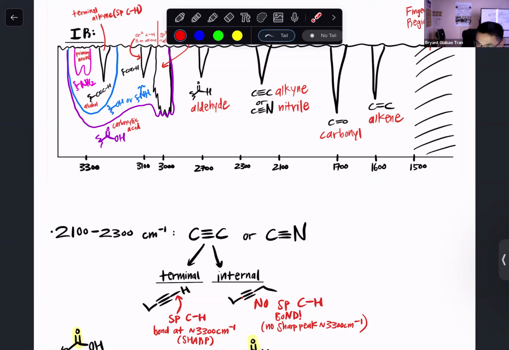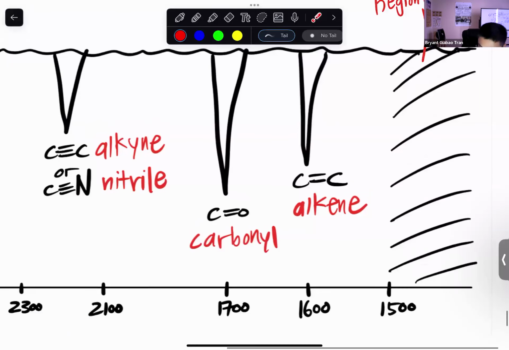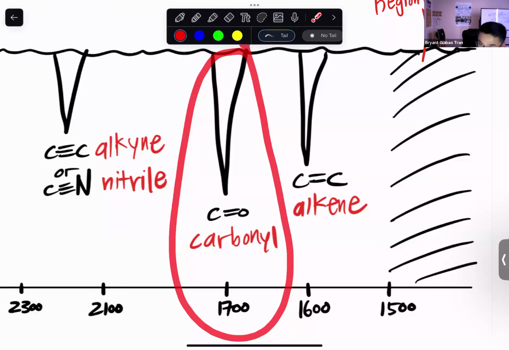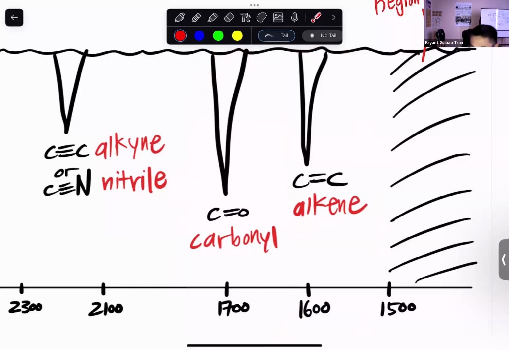C double bond O would be around 1700, not 2000 to 2500. That's too high. So C double bond O and C double bond C are going to be different. They're very close to each other, but they're different. C double bond O is going to be higher, around 1700, and C double bond C is going to be lower, around 1600. Wait, I mean 1500 to 2000 for double bond.